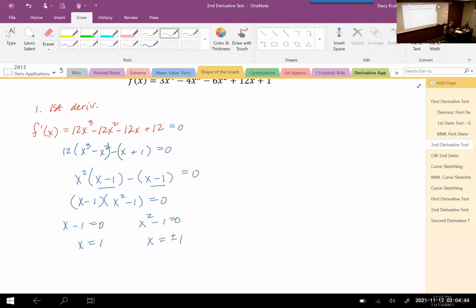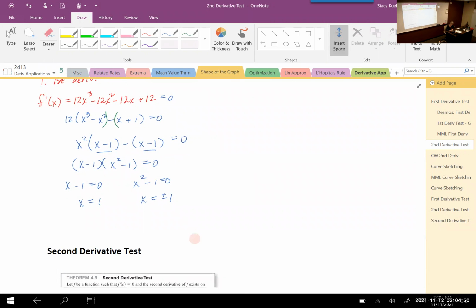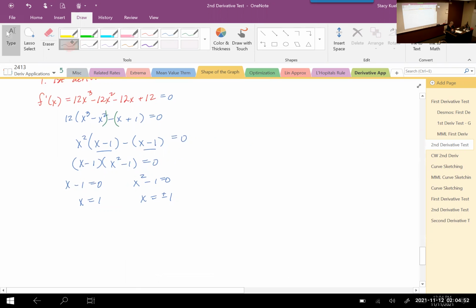Okay, all right, so I have these critical values here. Let's come in here. We're going to say, okay, I have a critical value at -1 and +1.